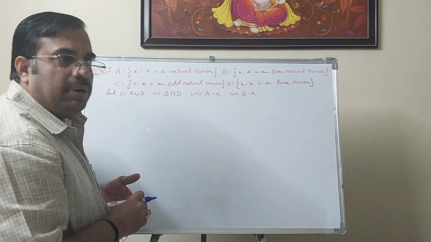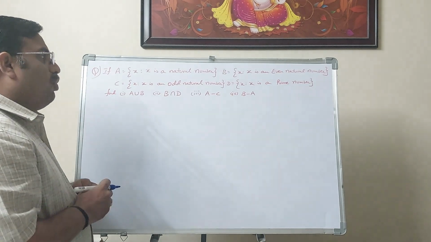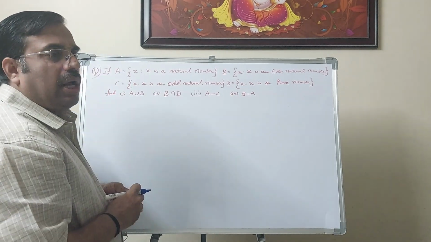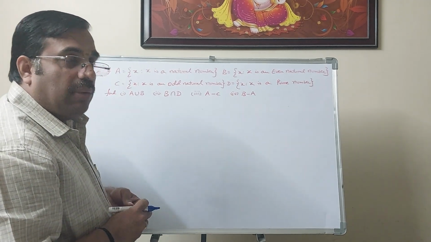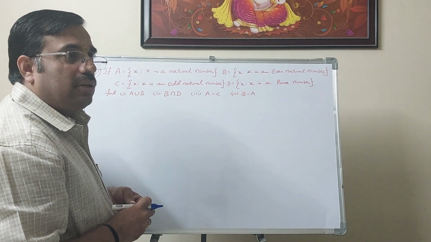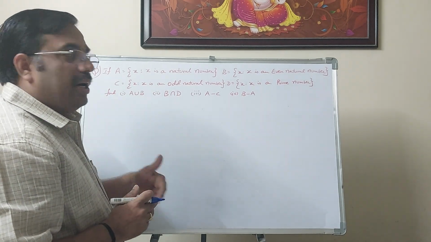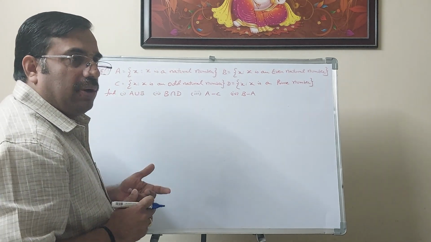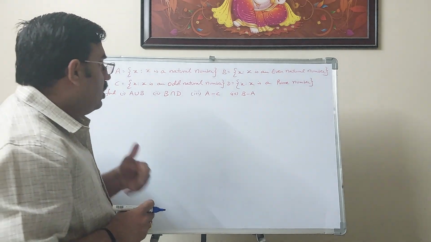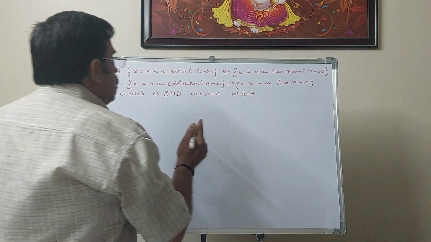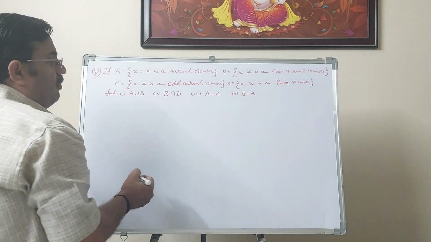What are natural numbers? What are even numbers? What are odd numbers? What are prime numbers? And what are multiples? What are factors? These things will be coming into the set builder form every time. So it was repeated in the papers. So you have to understand the basics of this one.